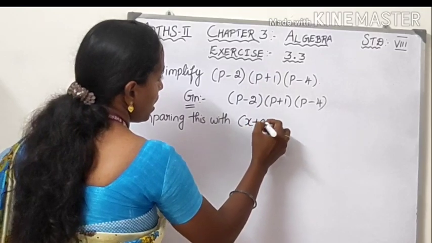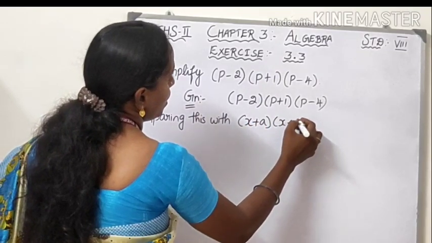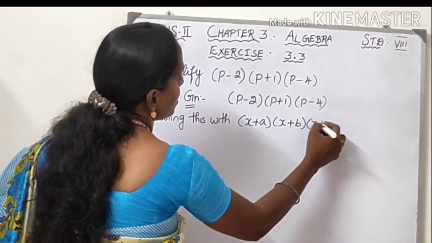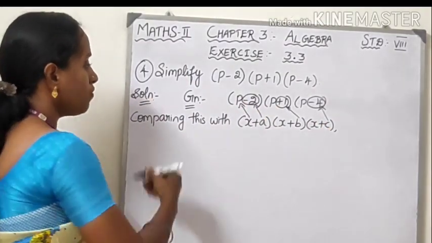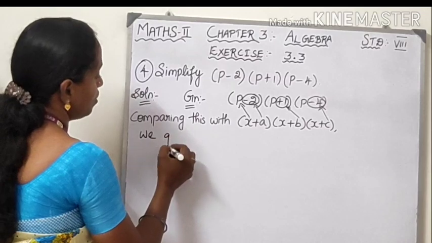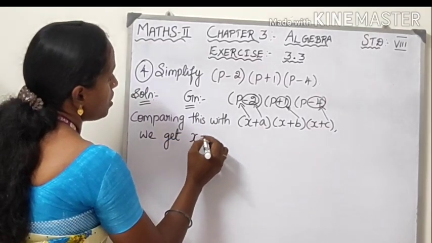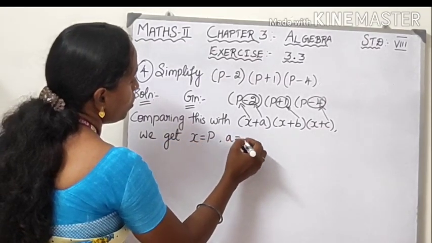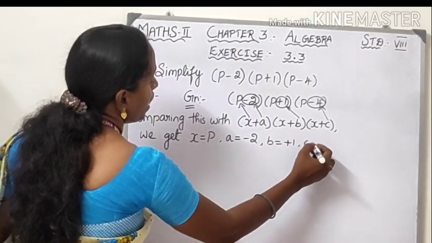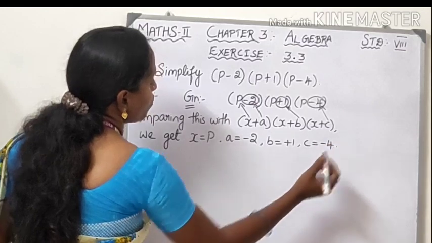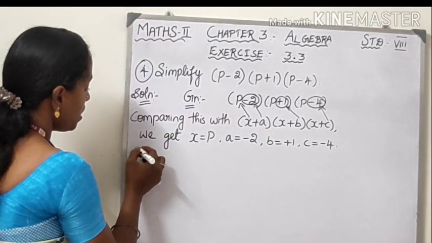X plus A, x plus B and x plus C. So when you compare this with our question, we get x is equal to p, A is equal to minus 2, B is equal to plus 1 and C is equal to minus 4. Now what is our identity?